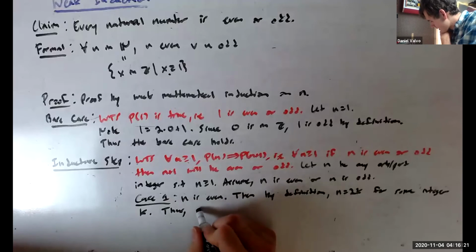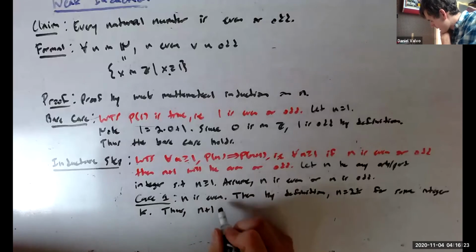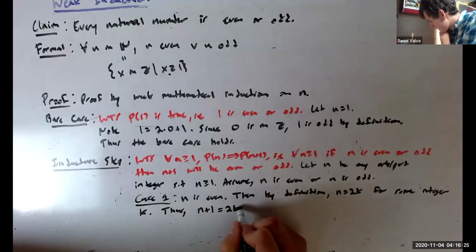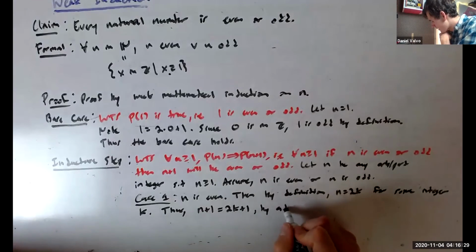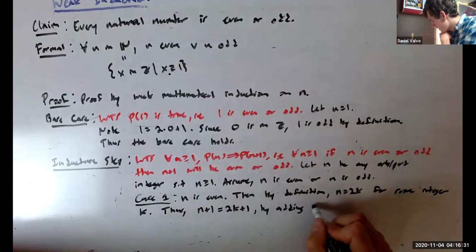Thus, n plus 1 equals 2k plus 1, by adding 1 to both sides.